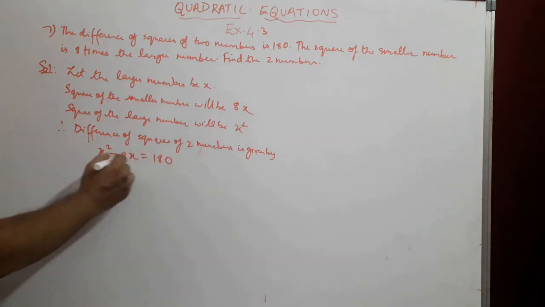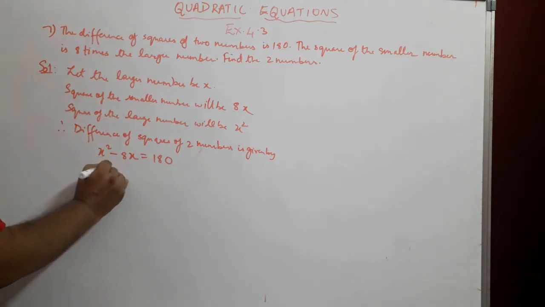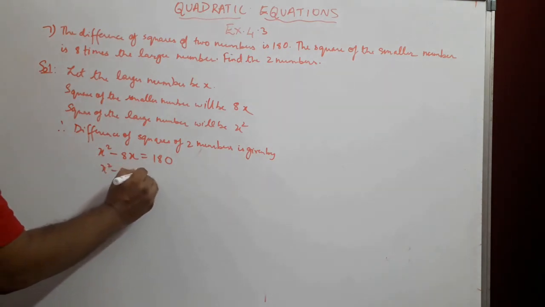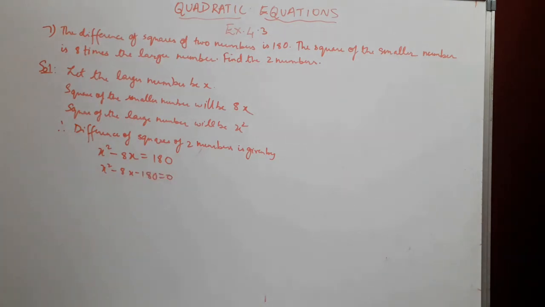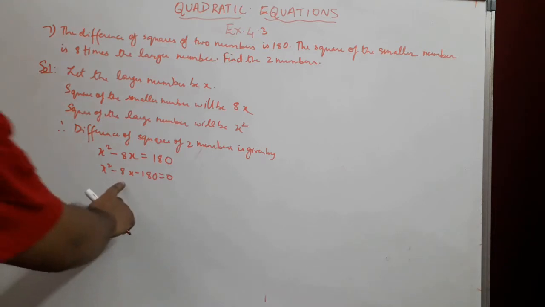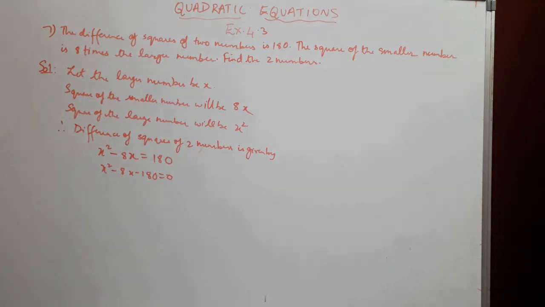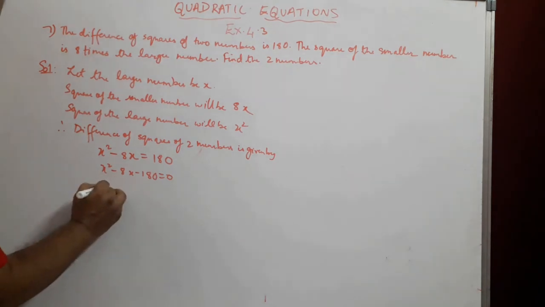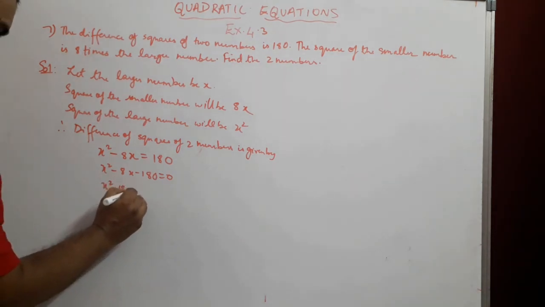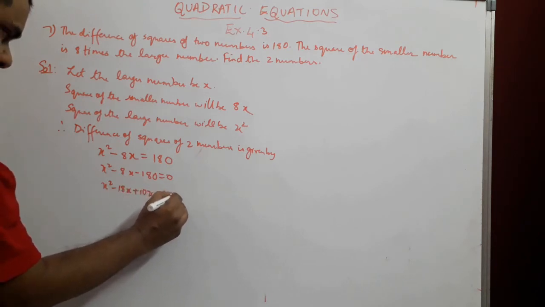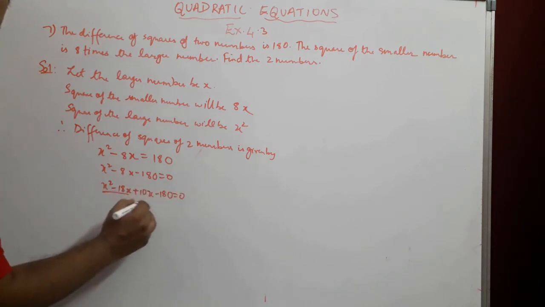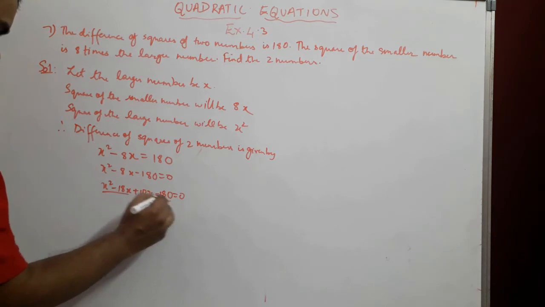Now we bring 180 to the left hand side, we get our quadratic equation. It is x square minus 8x minus 180 equal to 0. Good. And now what we need to do is split the middle term to find the roots. So we get it as x square minus 18x plus 10x minus 180 equal to 0. We take x common between the first two and here we'll take 10 common.